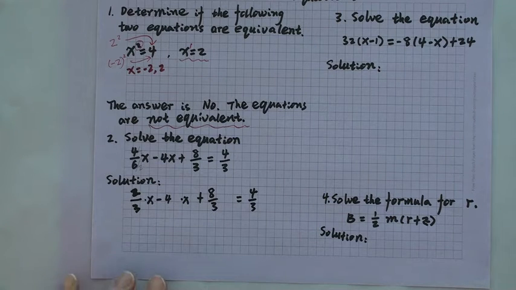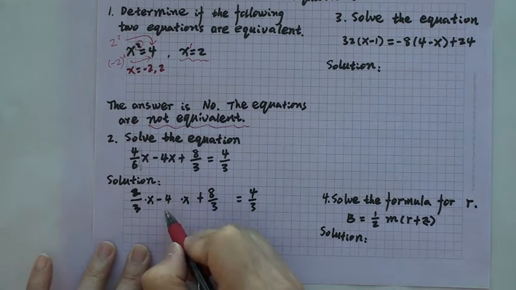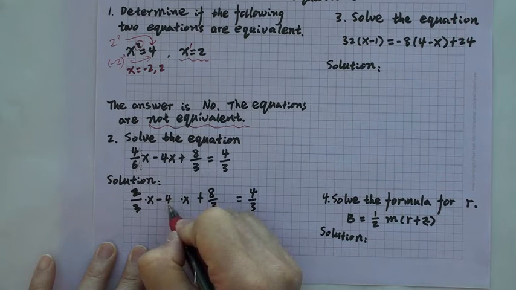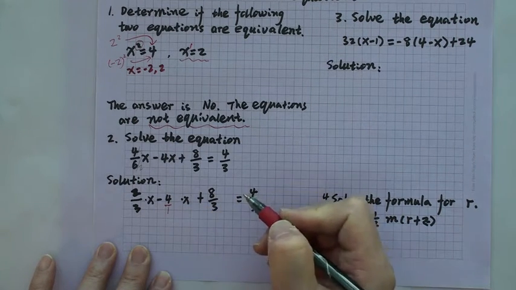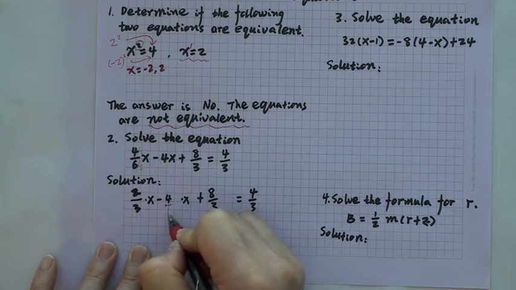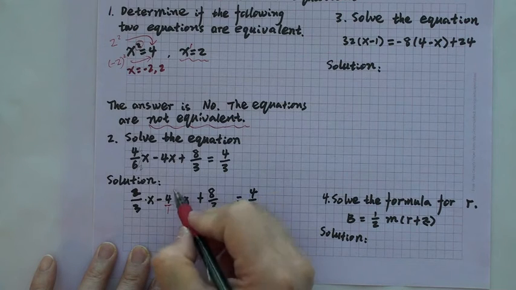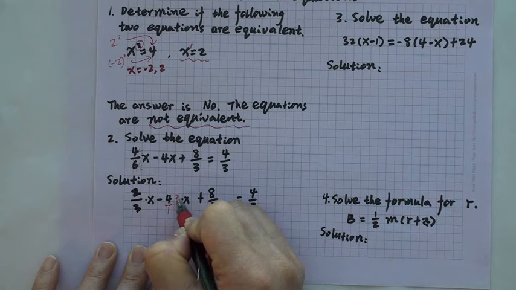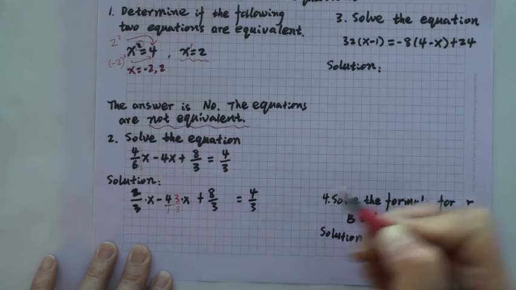Now we want to put the x terms together. How are we going to put an integer and a fraction together? Remember, 4 is 4 divided by 1. The denominators 1 and 3 are not the same, so you want to multiply by 3/3.